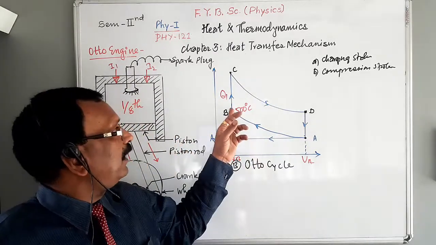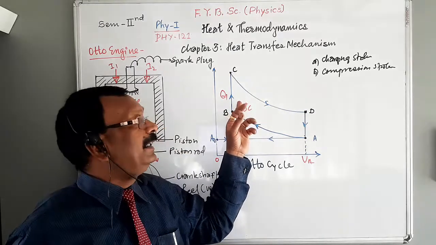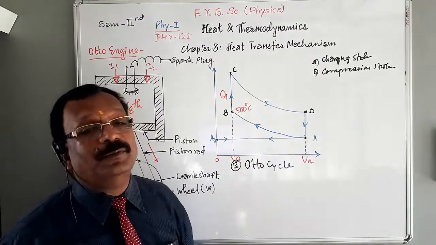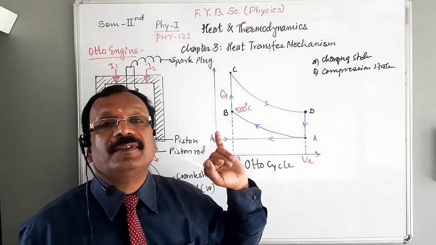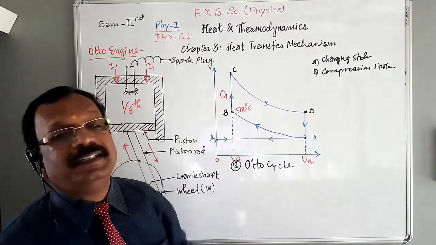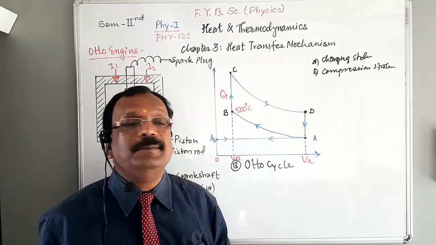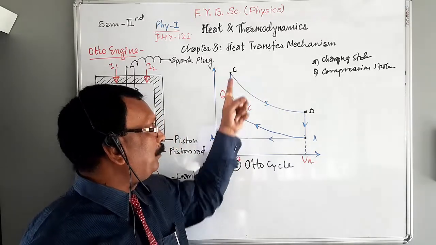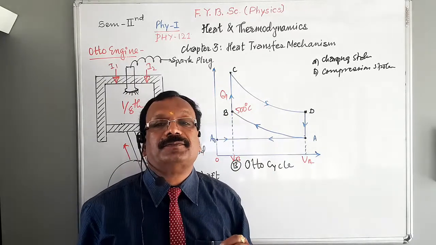Therefore, the pressure and temperature of the gas increase at constant volume, that is isochorically. Let the pressure increase from Pb to Pc, and the temperature increase from Tb to Tc.